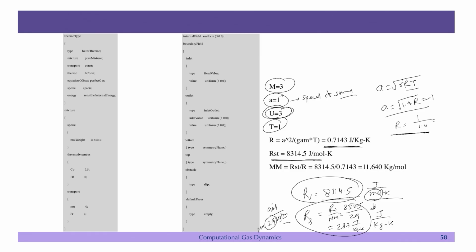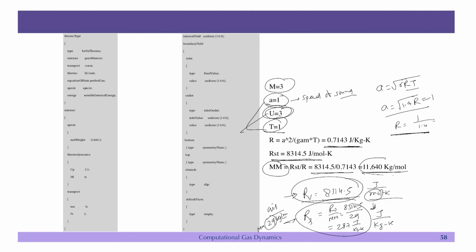This is called the specific gas constant, and this is a value which is fixed. If you take this universal value of 8314, then you can find out what molecular mass we are talking about, what gas we are using, to get the speed of sound equal to 1 for the temperature equal to 1. If you do that, you will get a ridiculous value of kg per mole mass, which is 11640, but this is consistent if you want to use it like this.